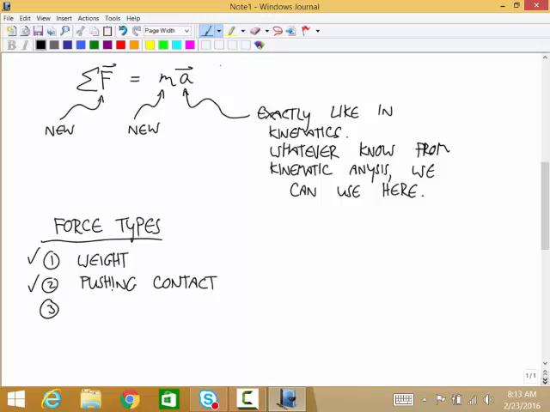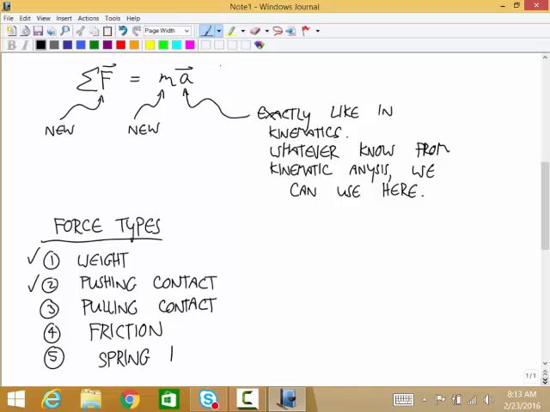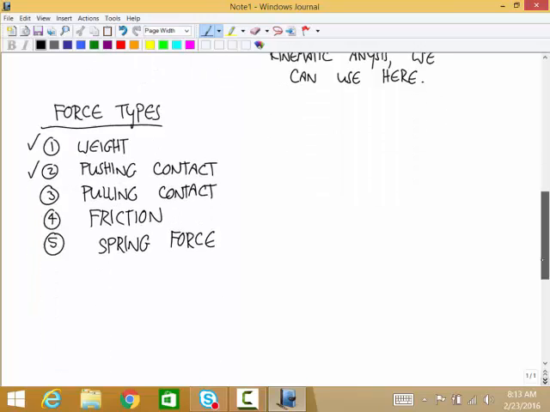I'll start with one example of pushing contact. And then the next one is pulling contact. Next one, friction. And then the last one, spring forces. Okay, so we're working our way through this list.